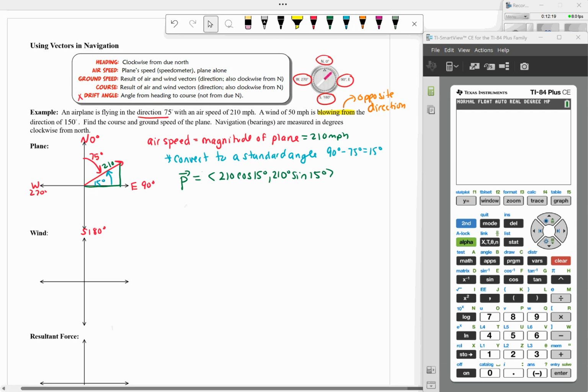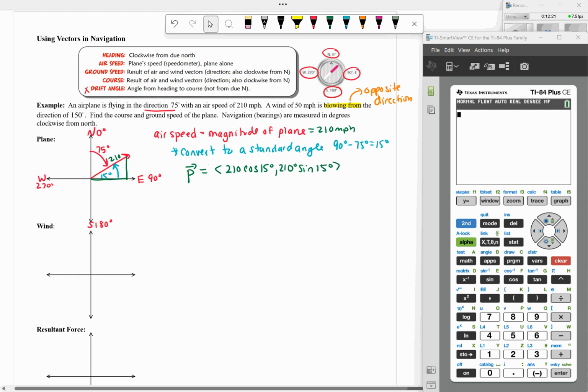So first we have to figure out 150 degrees in navigation. So north, east, south, west, this is 0 degrees, 90 degrees, 180 degrees, 270. And so we know that 150 degrees would be down here. So from here to here is 150 degrees.